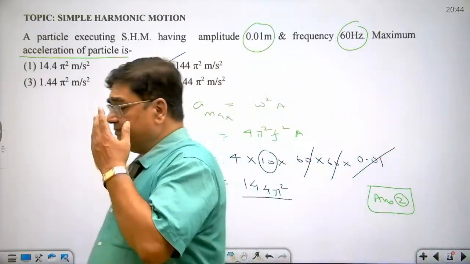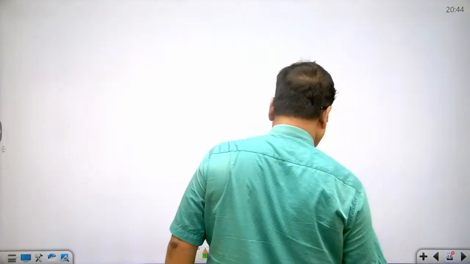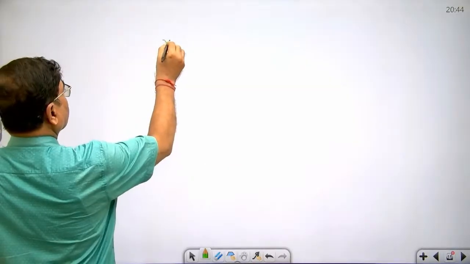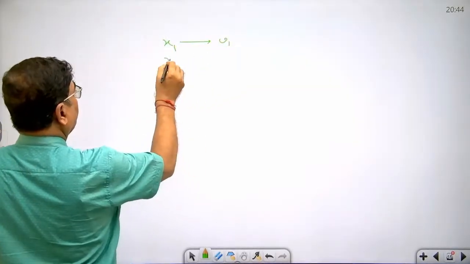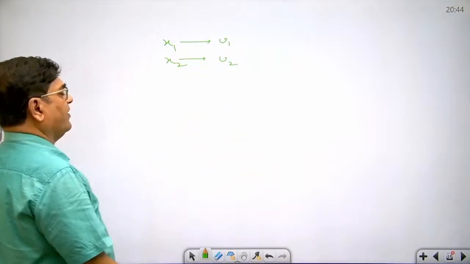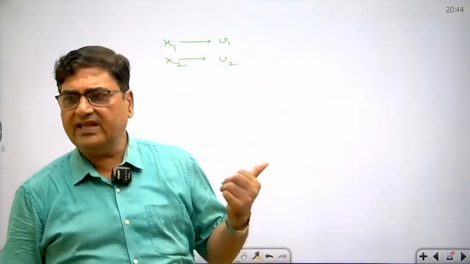Now dear student, let's see some more relations in SHM. If a particle is making SHM, at displacement x1 from the mean position its velocity is v1, and at displacement x2 from the mean position its velocity is v2. We have to find the amplitude and time period of the particle performing SHM. It is very simple now.